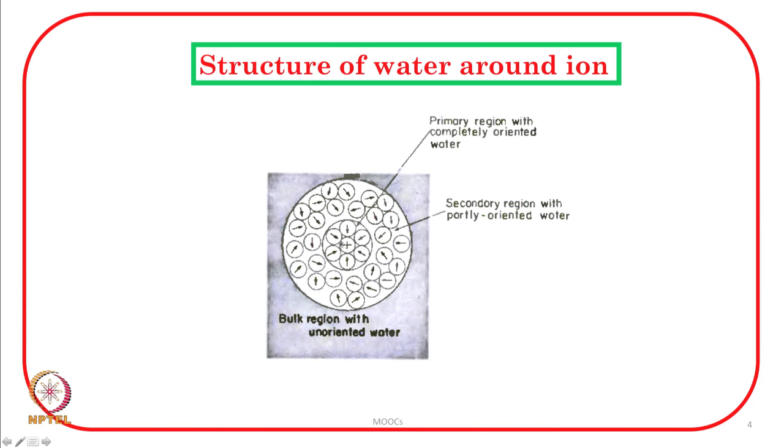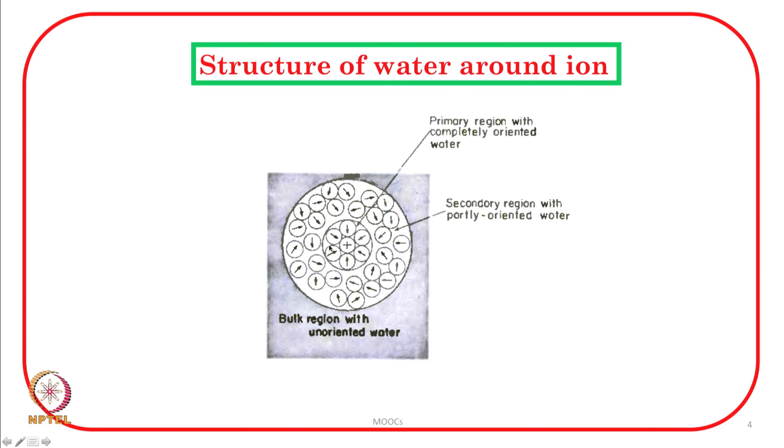I just talked to you about the central region, that is, you have a positively charged ion and it is surrounded by the negative end of water molecules, and a certain number forms the primary hydration shell.